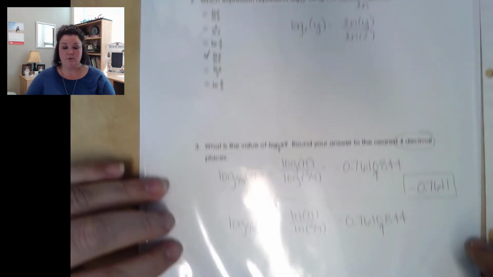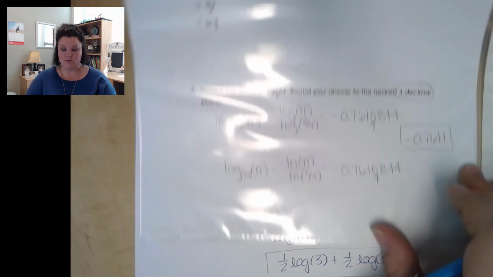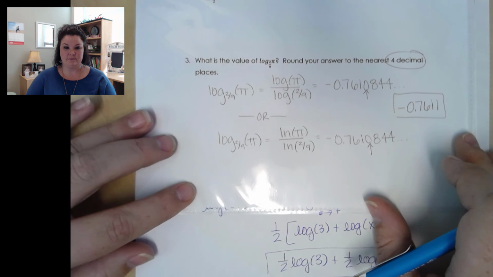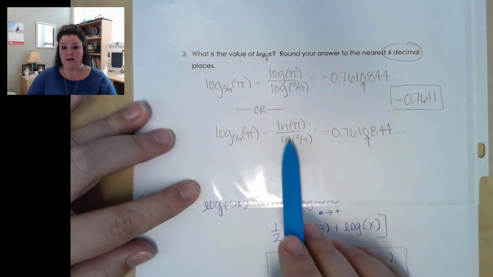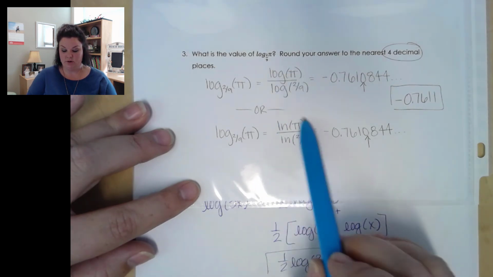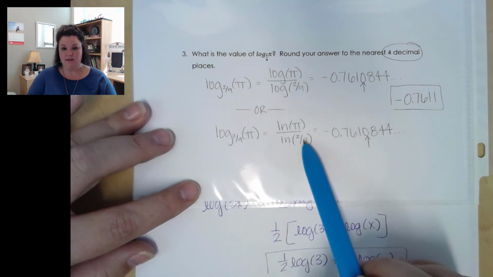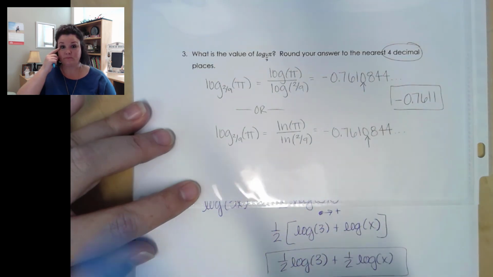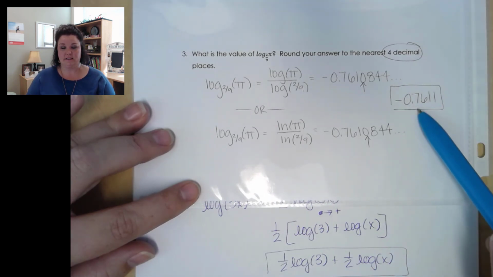And then on number 3, we wanted to find the actual value and round it to 4 decimal places. So again, here you could have used log or ln, and we do log or ln of our original number over log or ln of our original base. Either way, you get the same thing. This wanted you to round to 4 decimal places, so we should have got negative 0.7611.